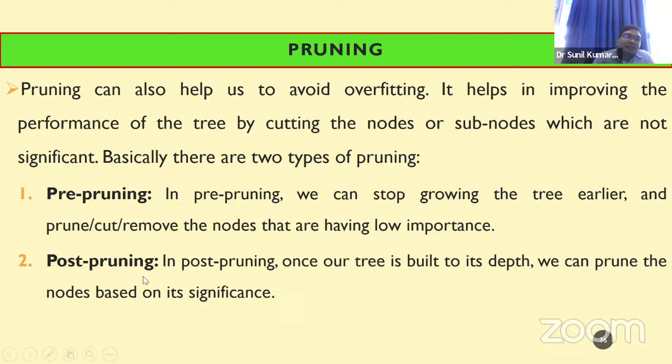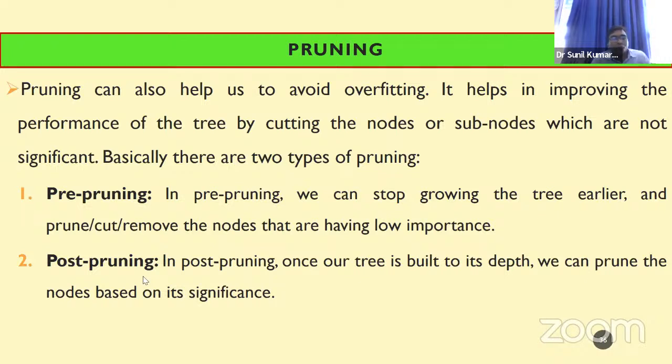Basically there are two types of pruning: pre-pruning and post-pruning. In pre-pruning, we stop growing the tree earlier and prune, cut or remove the nodes that have low importance. In post-pruning, once our tree is built to its full depth, we prune nodes based on significance.